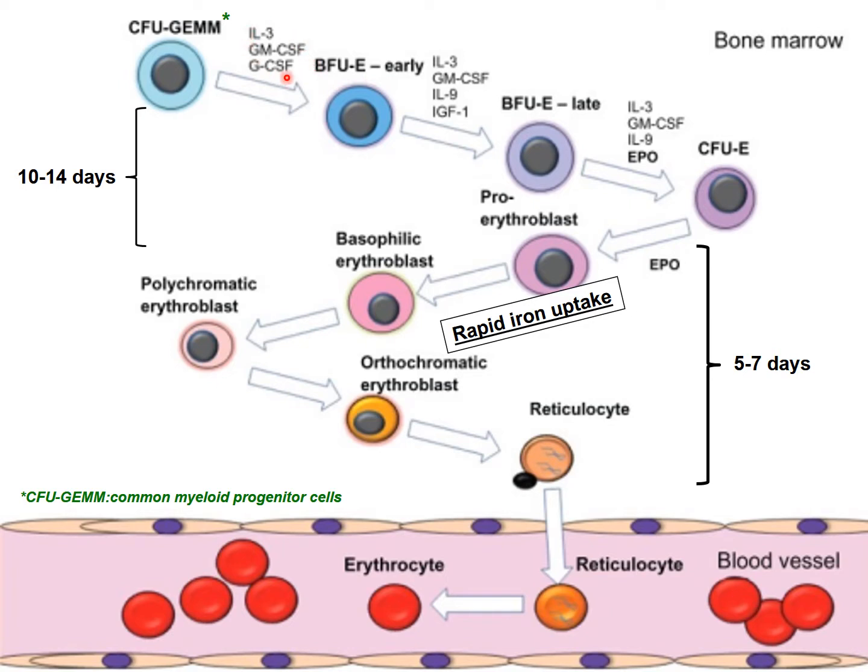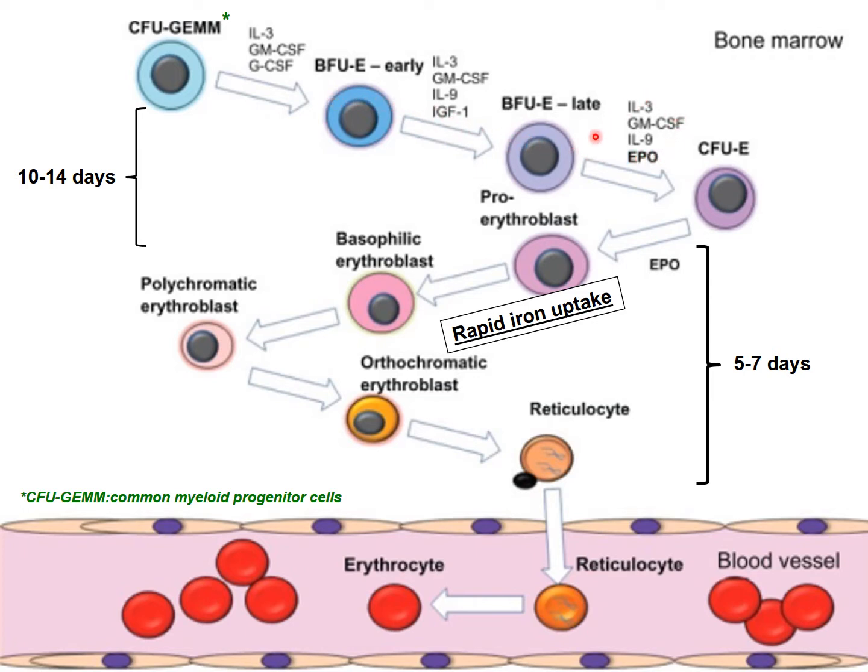Here you can find different cytokines or colony stimulating factors that drive the maturation and production of these early committed cells, such as interleukin 3, granulocyte-monocyte colony stimulating factor, interleukin 9, or IGF-1. This is going to drive this maturation.